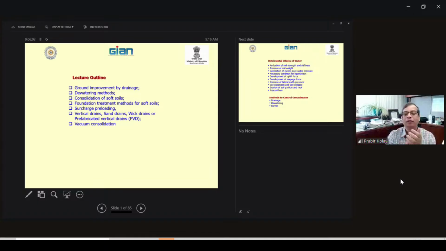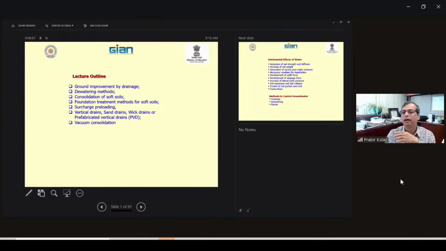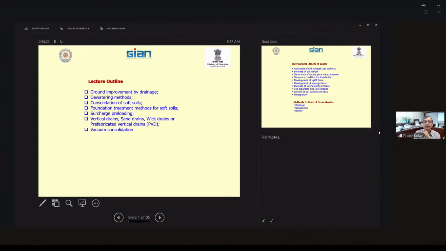Then we will talk about the vertical drain. One is the sand drain, one is the PVD, the prefabricated vertical drain, and then also talk about the vacuum consolidation. I have to go really quick to complete all this.